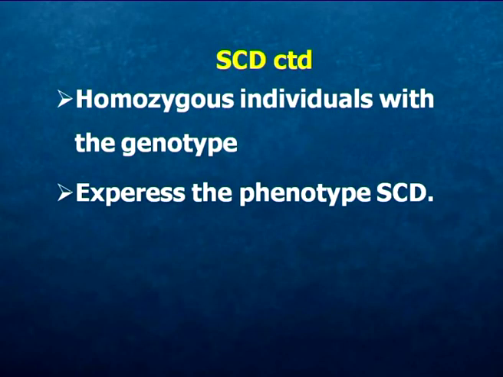HbA means normal hemoglobin gene. HbS means sickle cell hemoglobin gene. Homozygous individuals with the genotype HbS HbS express the phenotype SCD.